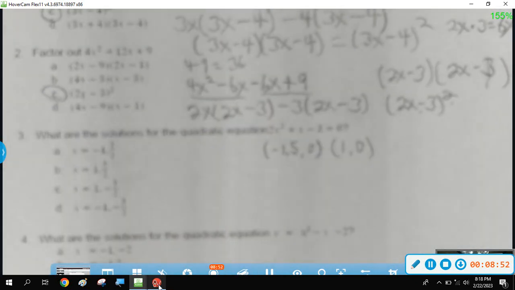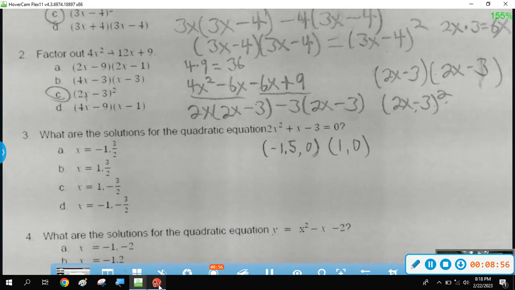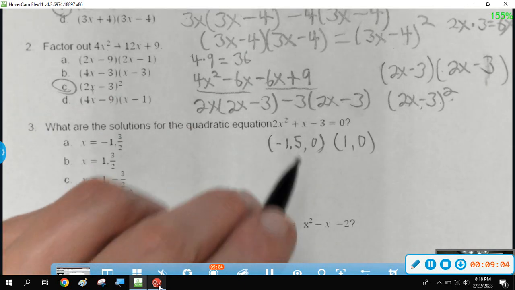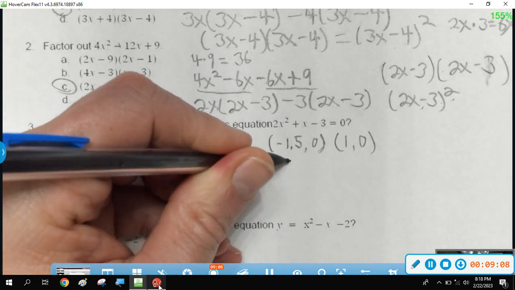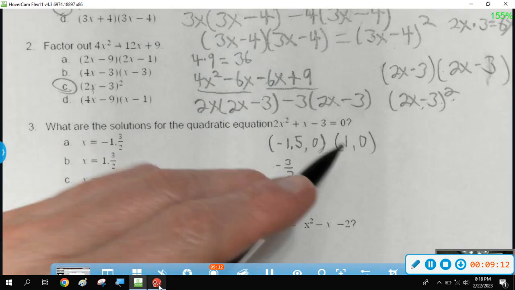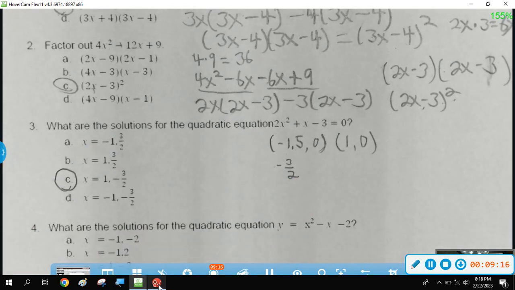However, look at my answer choices. They're not written as full ordered pairs this time. It's only the x values that's written here. Now, I don't see any 1.5. Well, what's going on here? Well, if you take 1.5 and turn it back into a fraction, that would be negative 3/2. So really the answer that we're looking for is 1 and negative 3/2. And so C is going to be our answer right here.